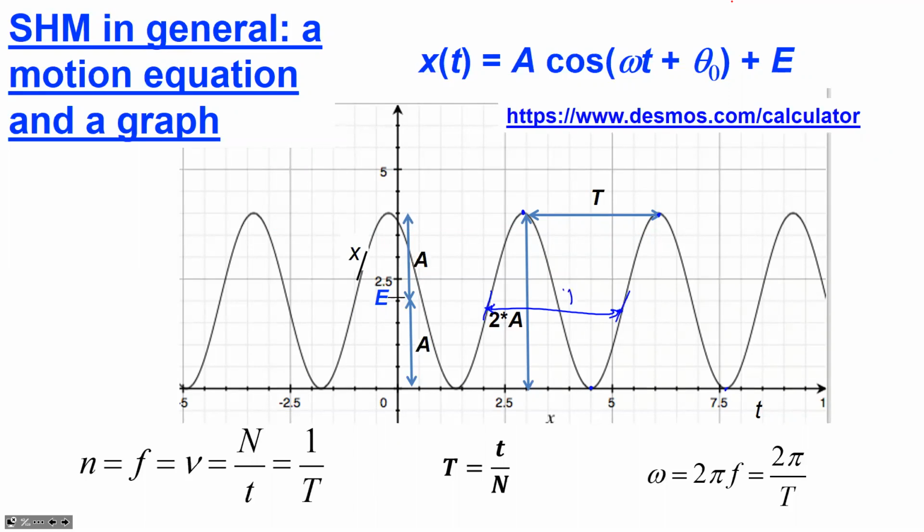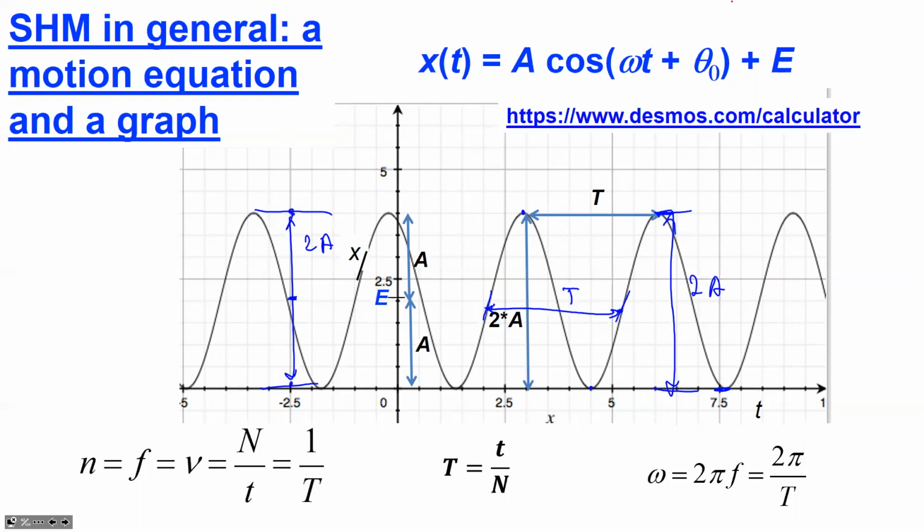That's the period. Now, from the highest to the lowest coordinates, we have 2 amplitudes, always 2 amplitudes. And of course, the equilibrium is always in between these amplitudes.